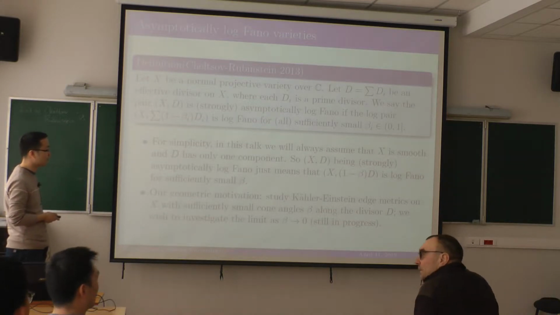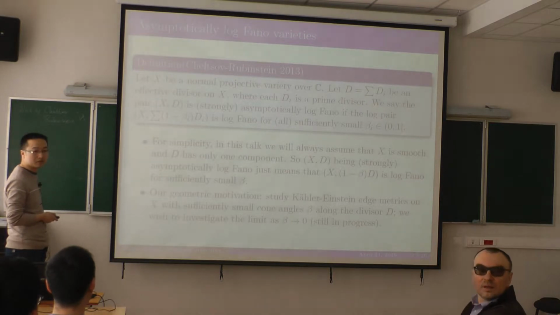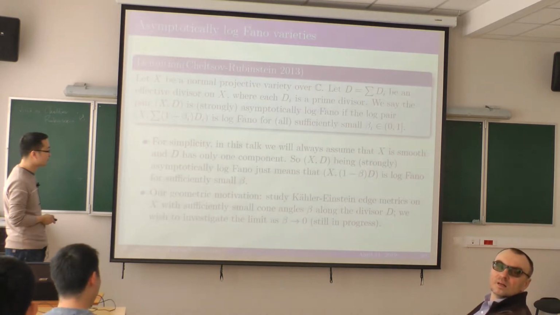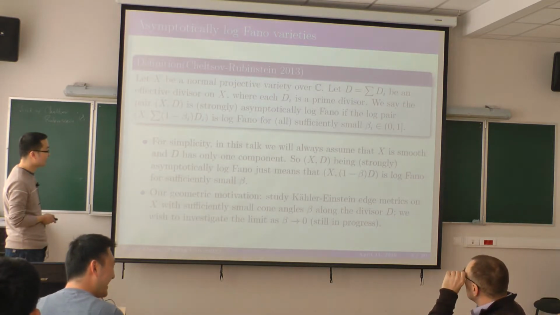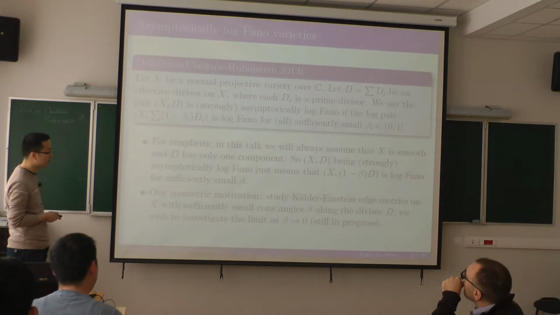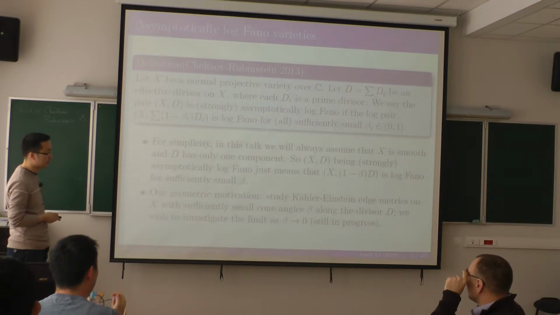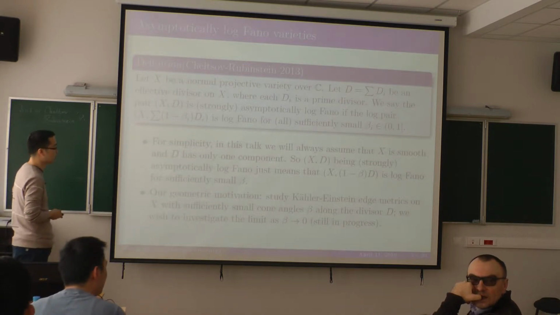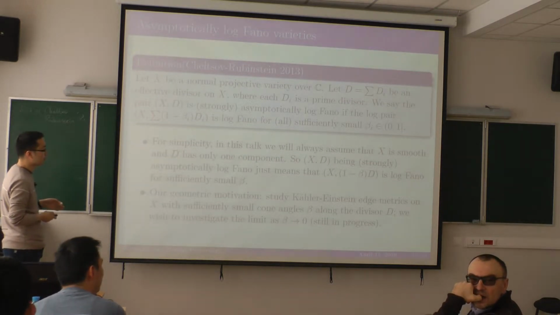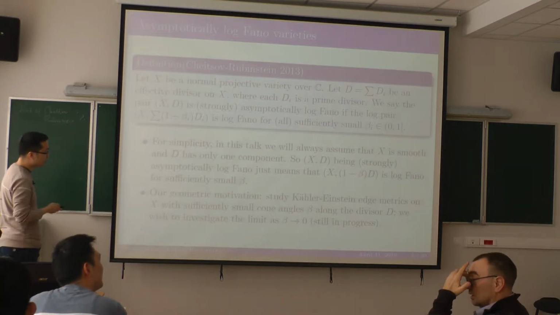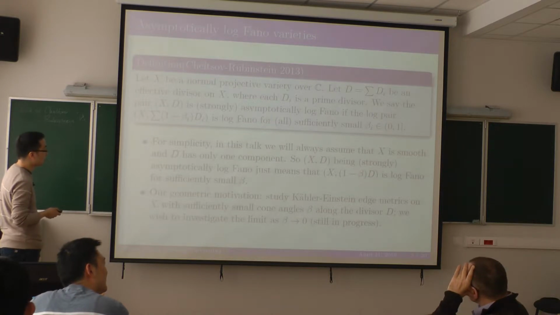But for general divisor D, what I mean is that for the general case, the existence of small cone angle Kähler-Einstein edge metrics is really difficult. At least it's not clear how to do that. But anyway, we can pose this question, and our goal is to study such pairs.